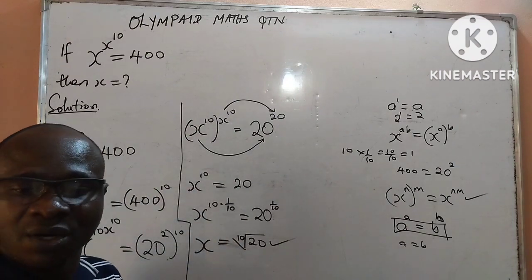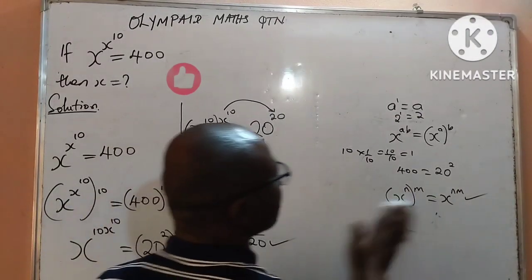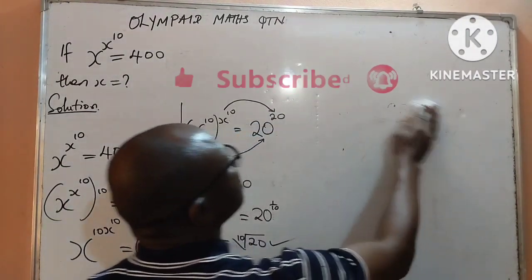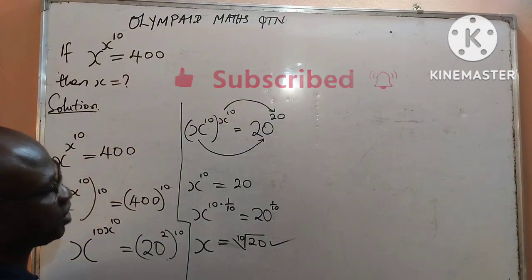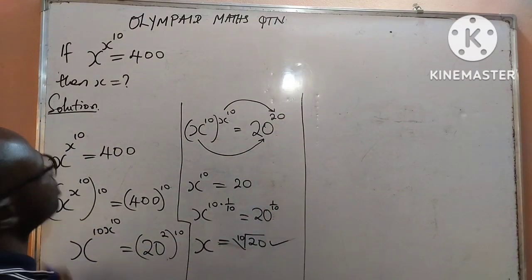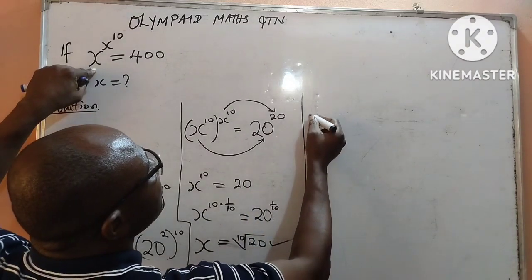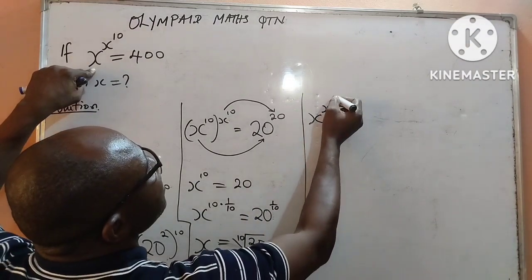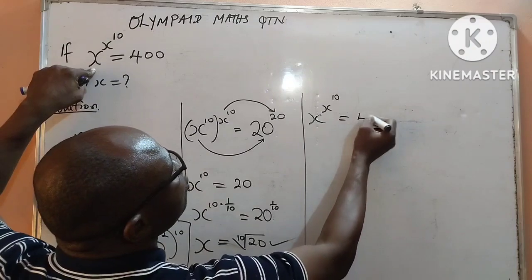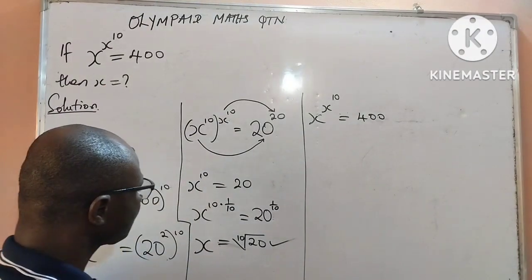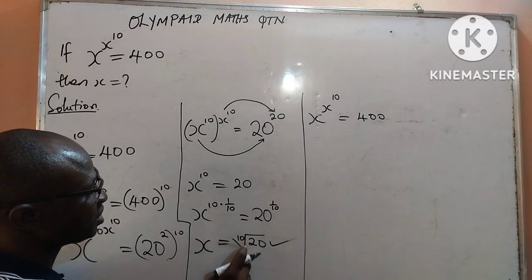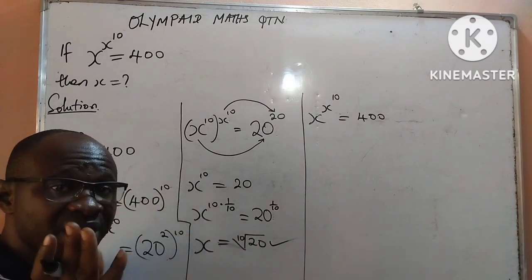Let us see that the answer is correct by substituting the value of x into the given question. And what is the given question? We are given x raised to 10 equal to 400. Anywhere I see x, I write the 10th root of 20.